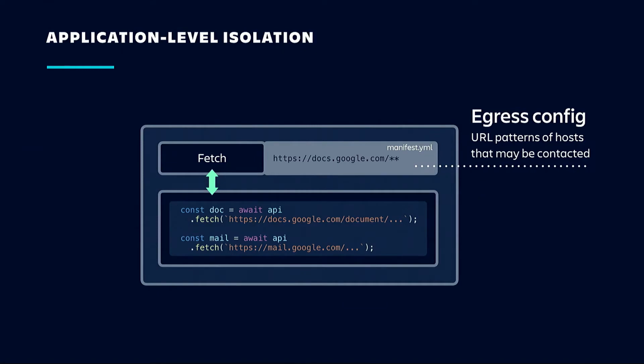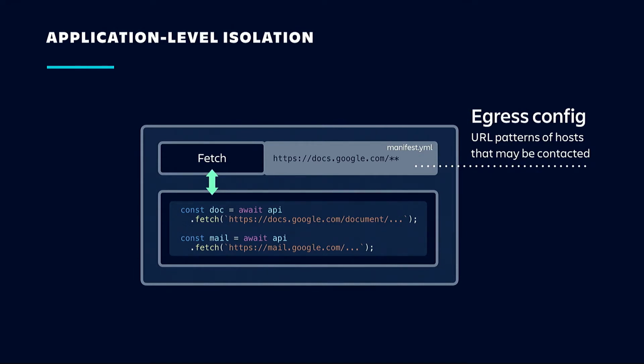All right, so with that isolation level in place, the isolates between your code and our API code around it, we actually have the ability to do some application level isolation. One example, something that we're planning to implement as a first step, is which domains your app is allowed to talk to.